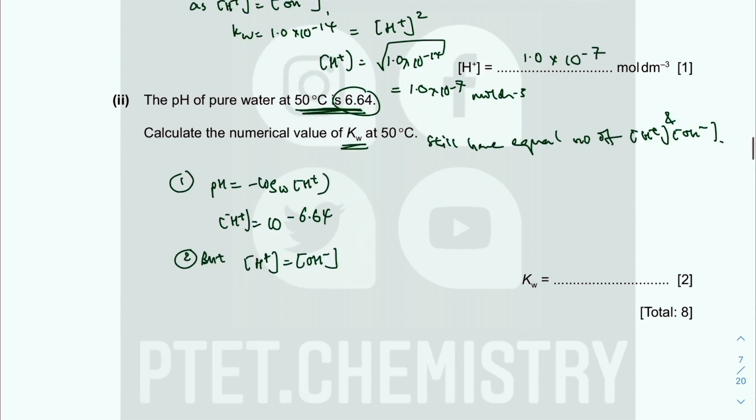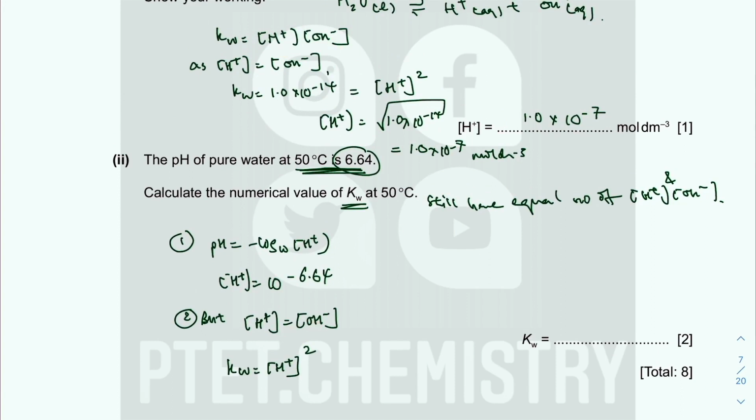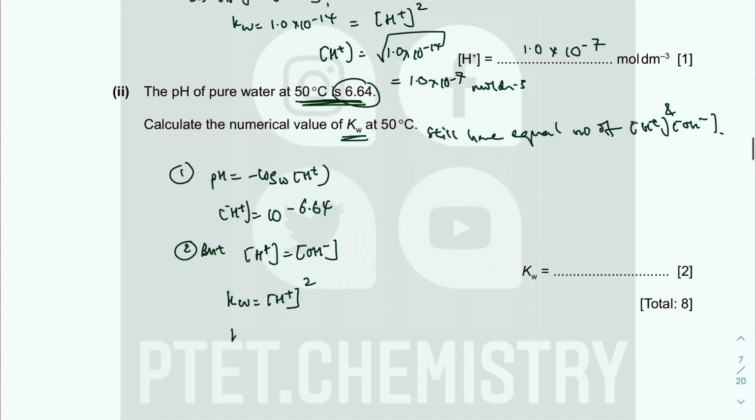We are not adding anything either, yeah? So Kw equals H plus squared because the H plus and OH minus concentrations are equal, so it's just H plus squared there.